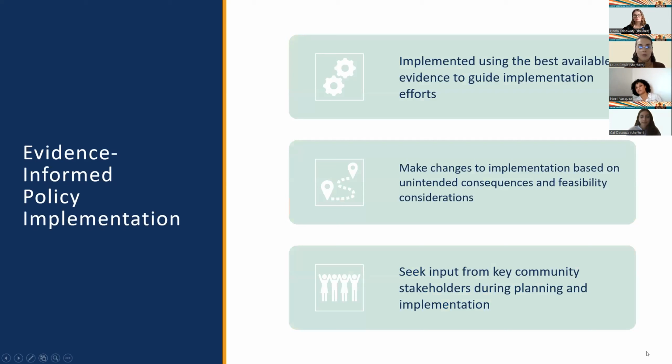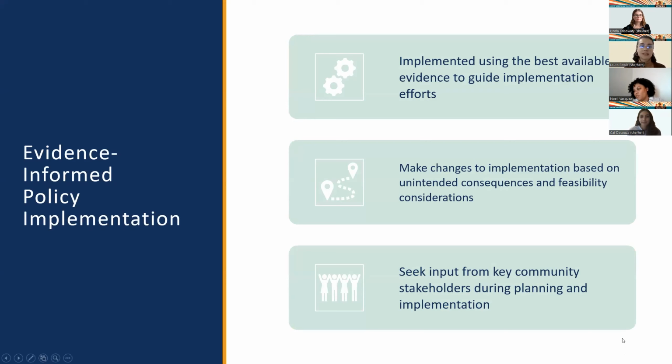So thinking now about evidence-informed policy implementation, it's a lot of the same stuff. We expect the same things as we would for policy development, but in addition, we want to know, is it implemented using the best available evidence to guide implementation efforts? As Noelle said, when we're thinking about evidence, we're thinking about it comprehensively, not just research evidence, but also experiential evidence and some of that contextual, community-based evidence too.